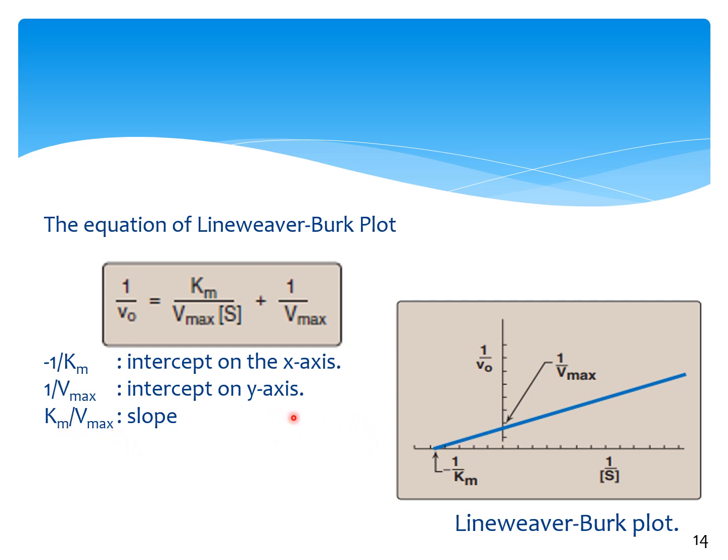So the advantages of the Lineweaver-Burk plot are that numerically Vmax can be calculated, though practically not achieved, and we can understand the mechanism of action of enzyme inhibitors, and we can also calculate the slope.